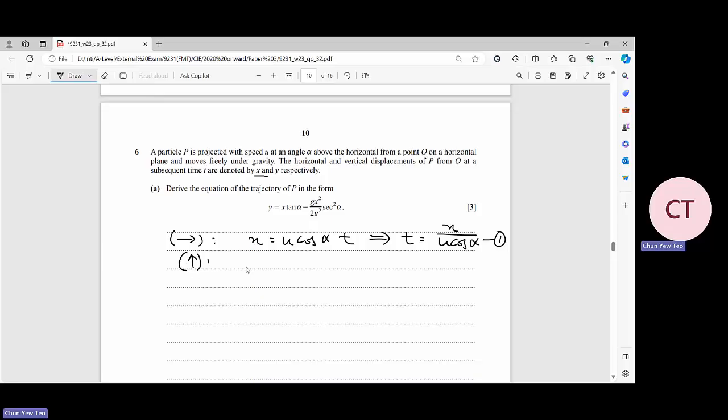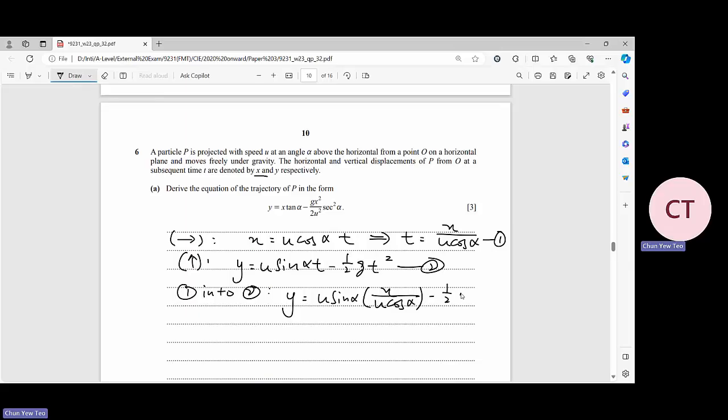Resolve the vertical displacement: you have y equal to u sine alpha t minus a half g t square. That will be my second equation. Substituting the first equation into the second, you get y equal to u sine alpha times x over u cos alpha minus a half g t square.